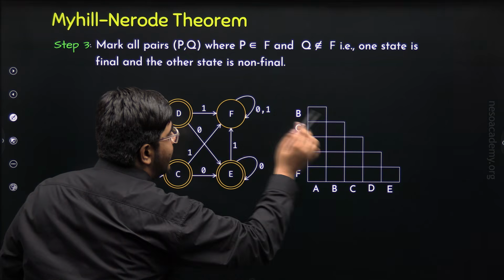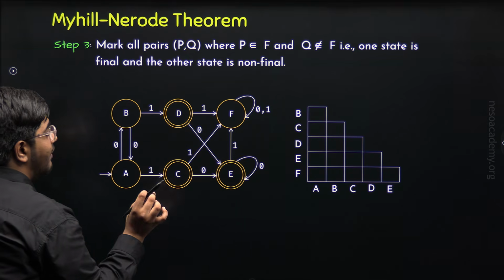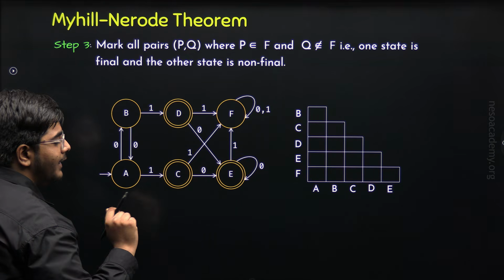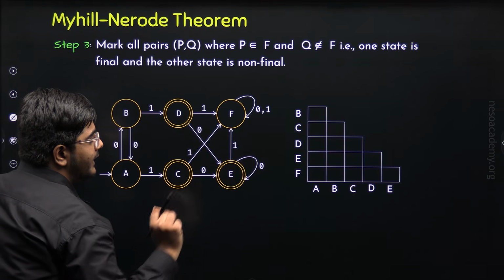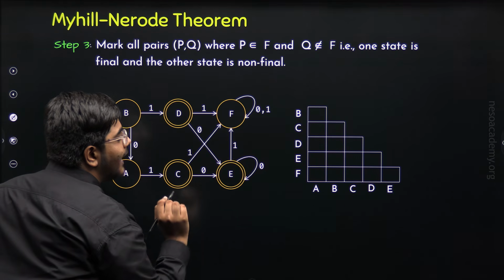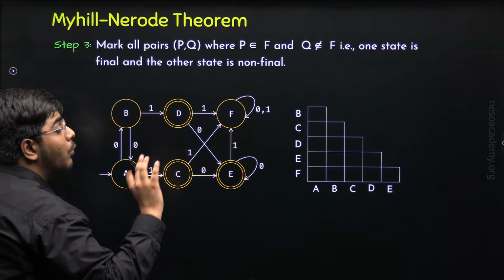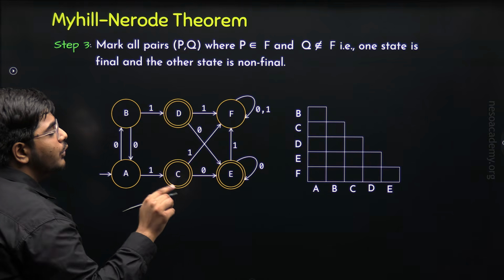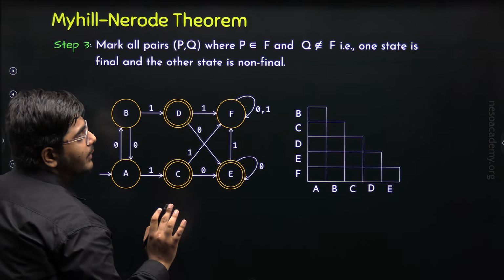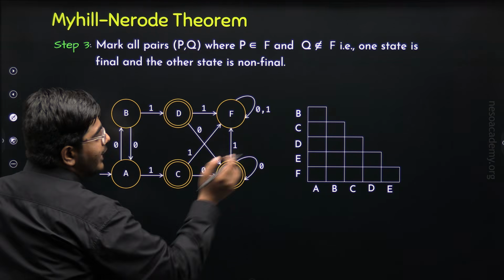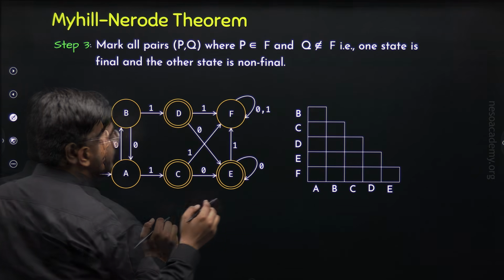Now in these pair of states, if we have one state as final state and other state as non-final state, then you have to mark that pair. But if both the states are final or both the states are non-final, then you don't have to mark the entry for that particular pair. So now let's check all the pairs one by one.